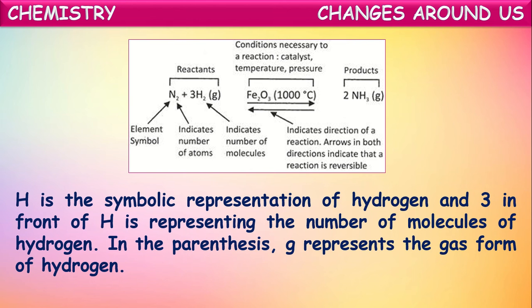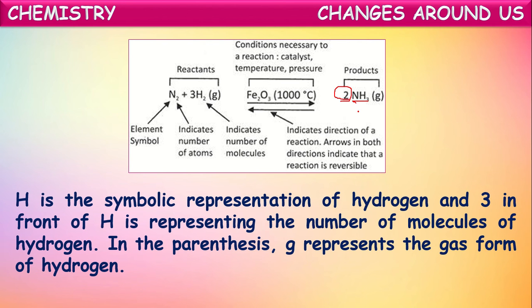And if you see here, in the same reaction, H is a symbolic representation of hydrogen. And 3 in front of this formula of hydrogen represents the number of molecules of hydrogen. We have studied this. Here also you can observe, in front of the molecular formula of ammonia, 2 is written.